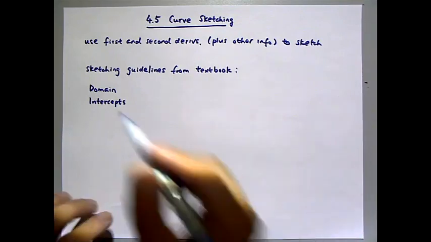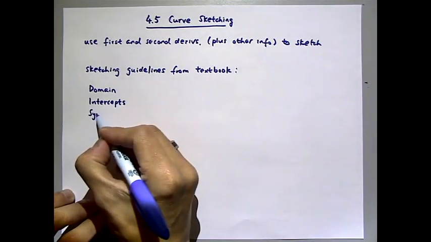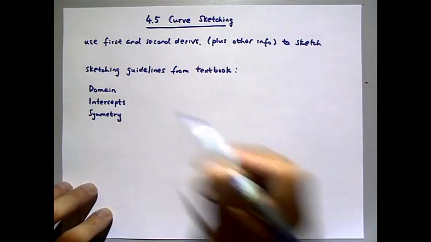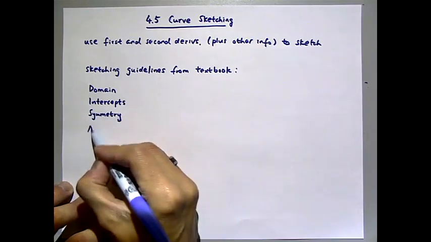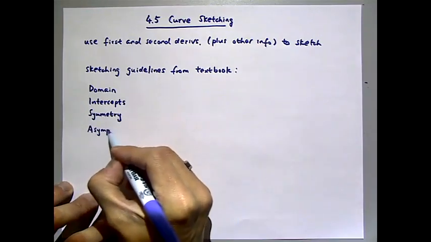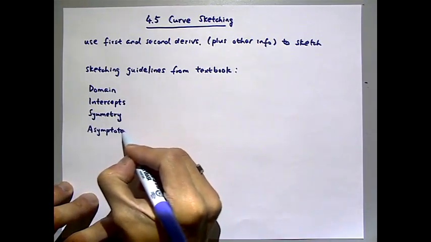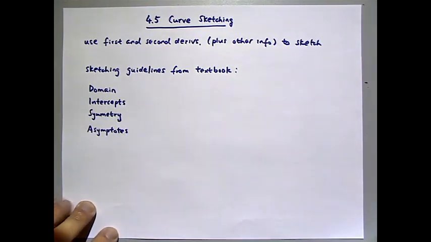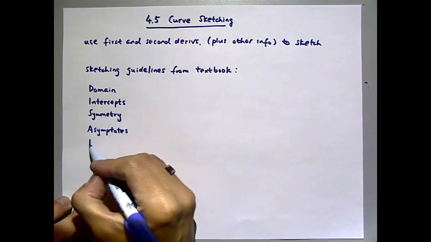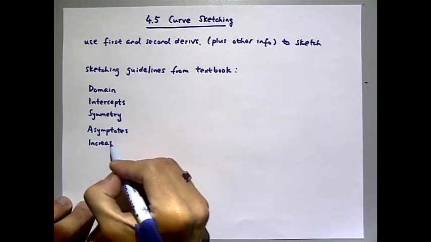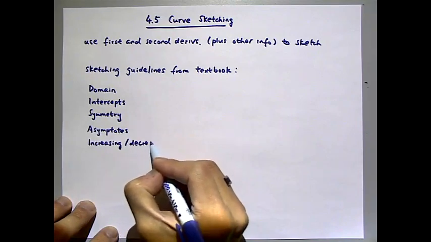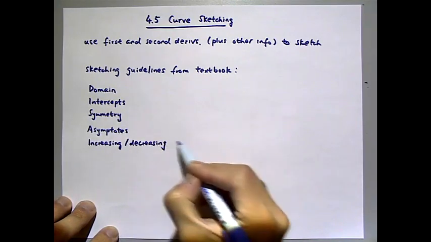Domain, the intercepts, symmetry, if there's any of it, asymptotes. Of course, not all functions have those, but if they do, they're really helpful. Next, we'll find the increasing/decreasing intervals.